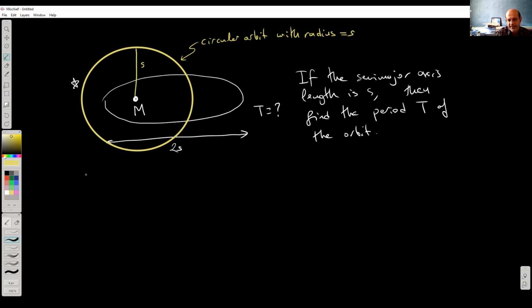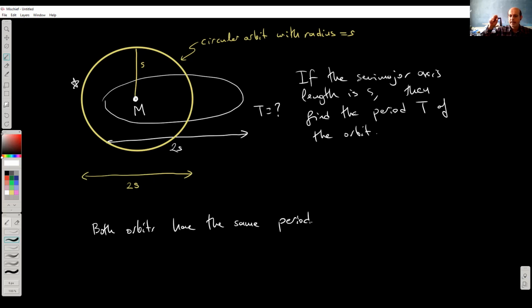In that case, this orbit has the same semi-major axis length, it is s, and therefore these two orbits have the same period. Okay, so both orbits have the same period. I'm basically using the fact that the period depends only on the semi-major axis length.